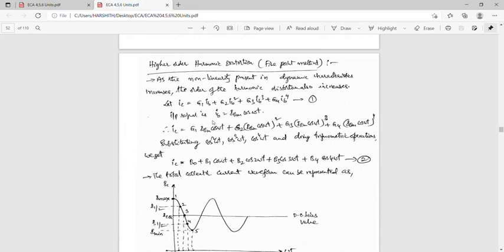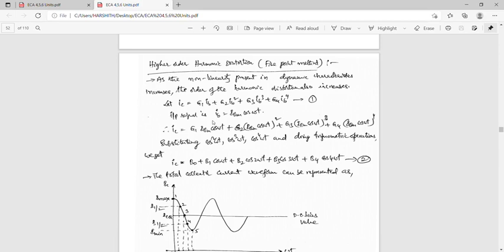Next, second order and higher order harmonic distortion, using the five-point method. As the non-linearity present in the dynamic characteristics increases, the order of the harmonic distortion also increases.